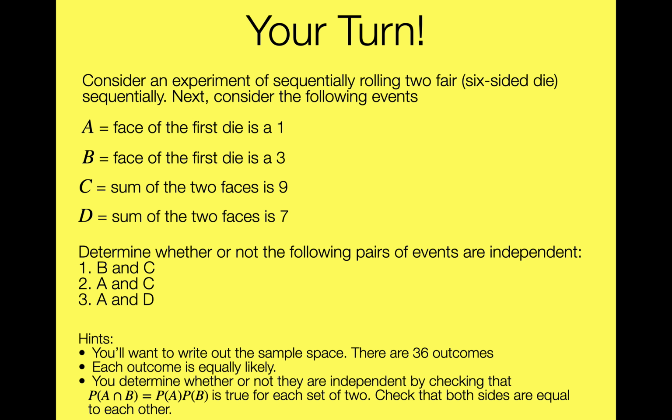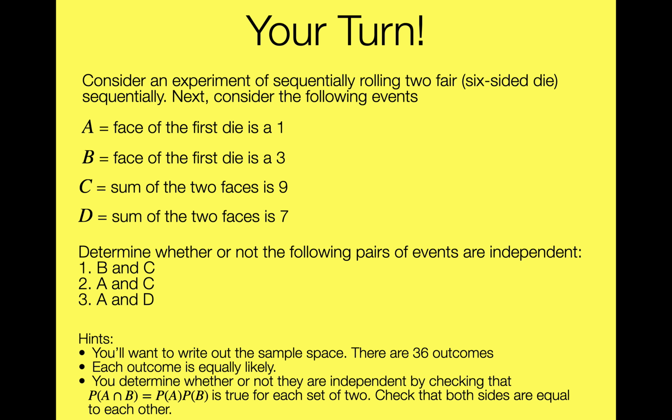And so for the Your Turn on this video and for the end of Chapter 2, end of Section 2.5, I want you to consider an experiment of sequentially rolling two fair six-sided dice. Okay, and I'm sorry, I have sequentially in there two times, so take one of them out. Next, consider the following events.